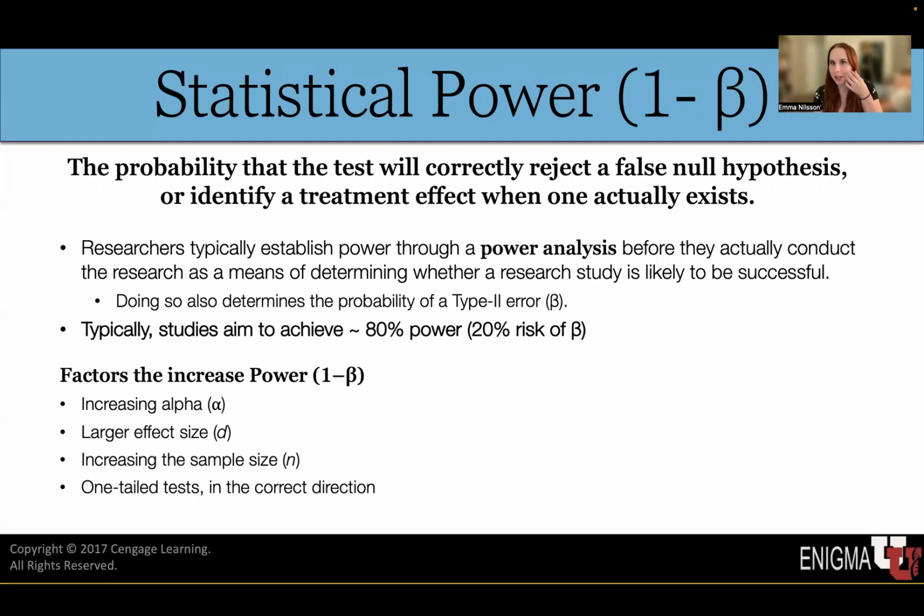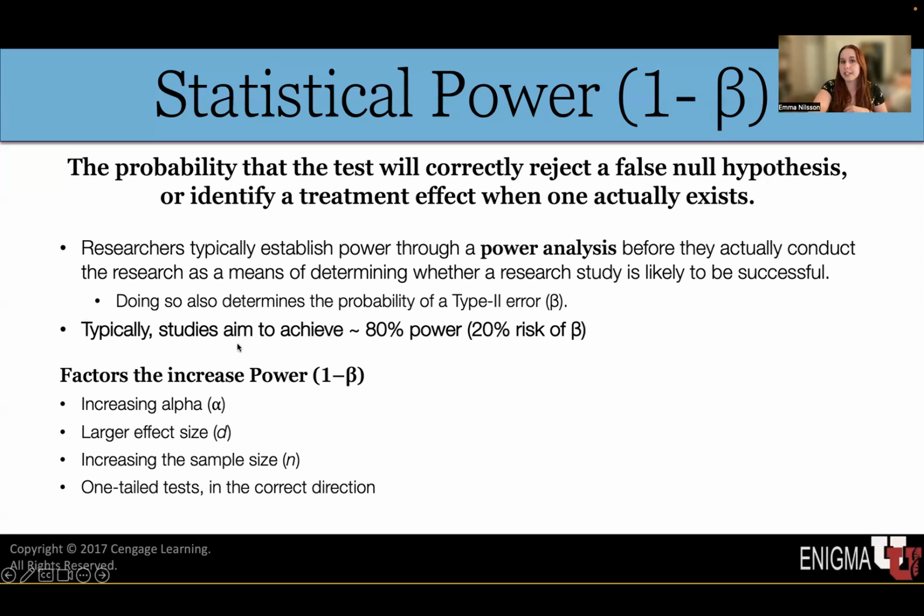We talked about this a little bit in our last lecture. Researchers are going to typically establish the power that they want their experiment to have through something called a power analysis before they actually even start conducting the research. This is a way of setting yourself up for success and determining different variables that you need to establish within your research study to make sure that it is successful and that it gives you the data that you want.